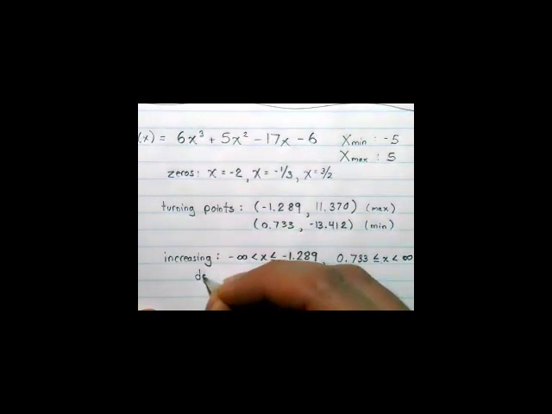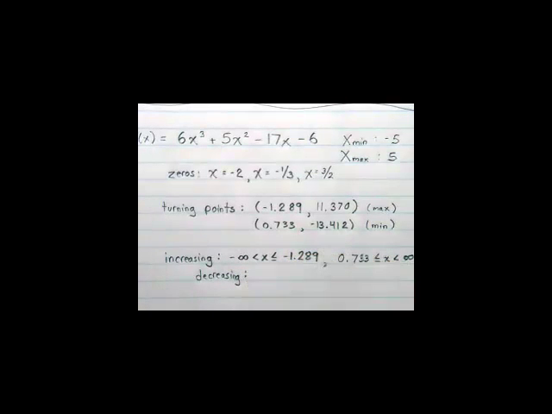All right, so decreasing then. That decreasing interval is right in between the two increasing intervals, right? So if you have these two answers, you can easily come up with this one. So anyone who would like to share that with us would be welcome. Okay, Jason, go ahead.